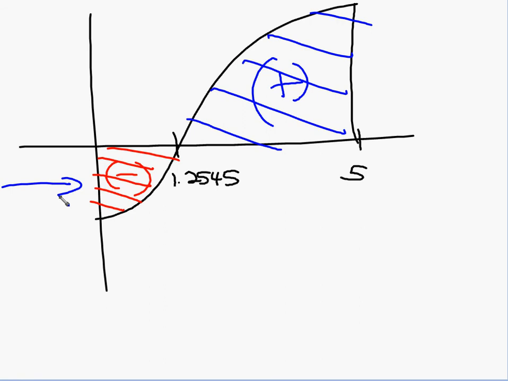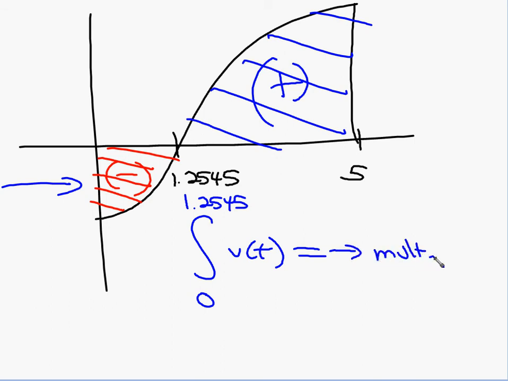Well, how do I do that? I would break it into two integrals. I would find the integral from 0 to 1.2545 of that velocity function, okay? And whatever I get there, I'm going to multiply by -1. Why? Because we're finding the absolute value of it.